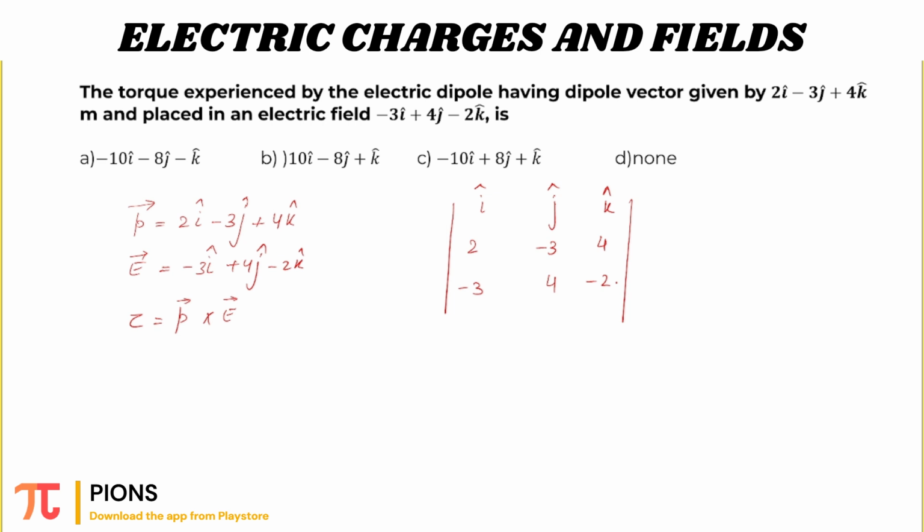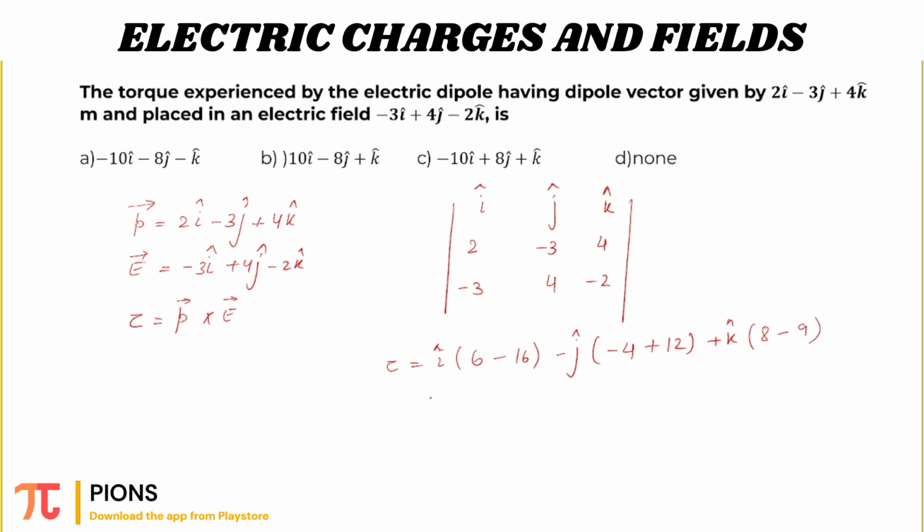So torque tau equals, let me just multiply using the cross product. When you are multiplying using the cross product, right here for i cap, ignore the row and the column of this, okay? So we are left with 4 elements, and that is 6 minus 16, minus j cap into minus 4 plus 12, plus k cap into 8 minus 9.